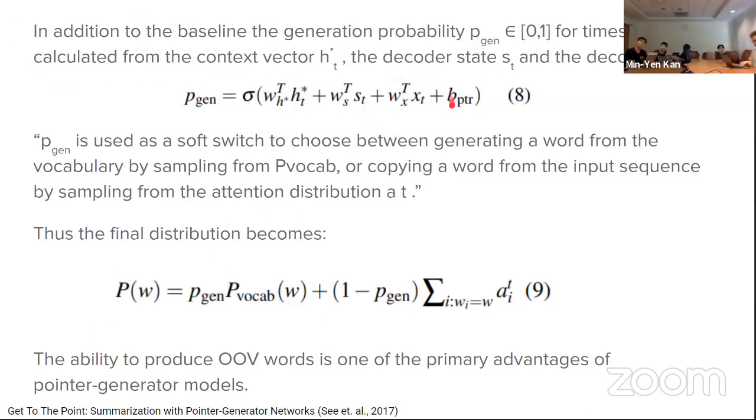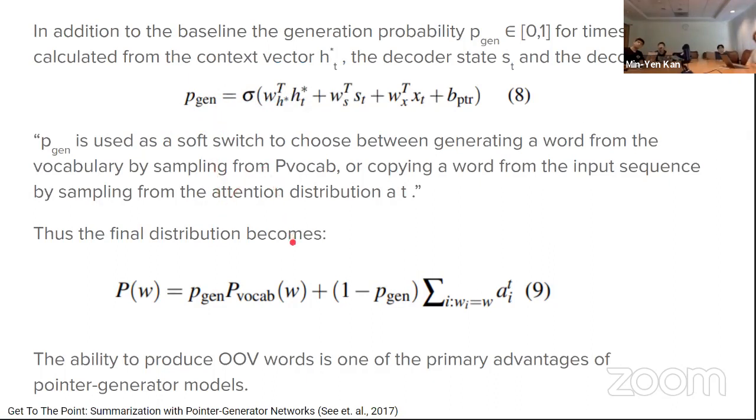They're just doing a linear combination of the context vector and the decoder state and the input itself to find the generation probability.